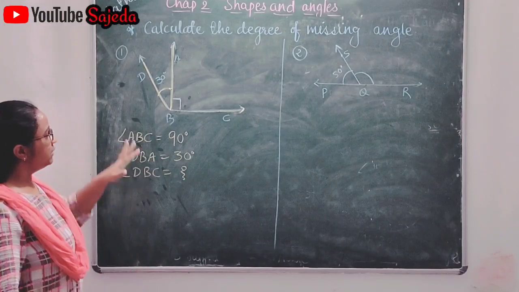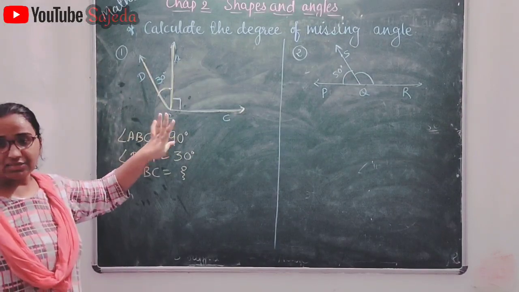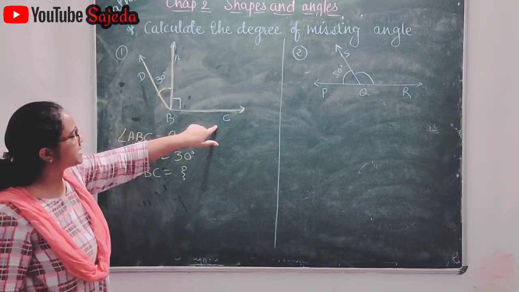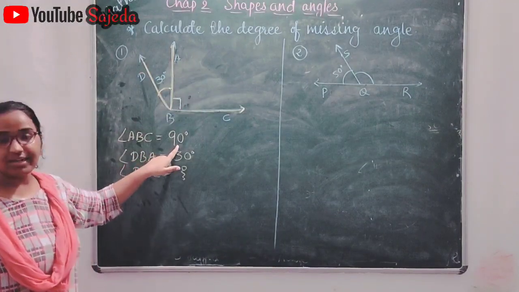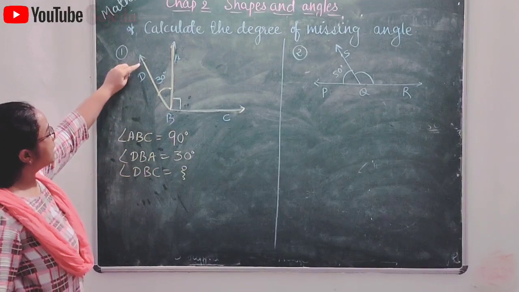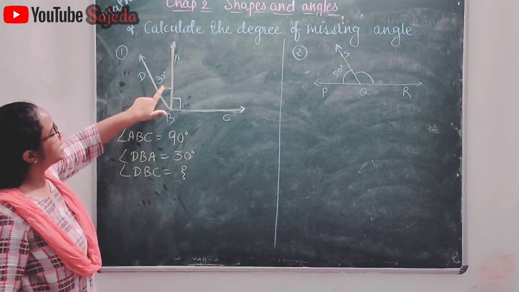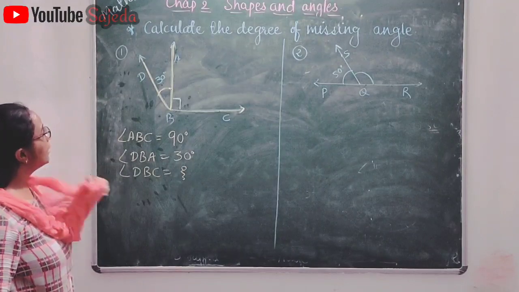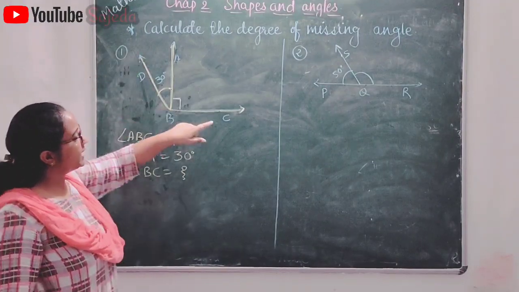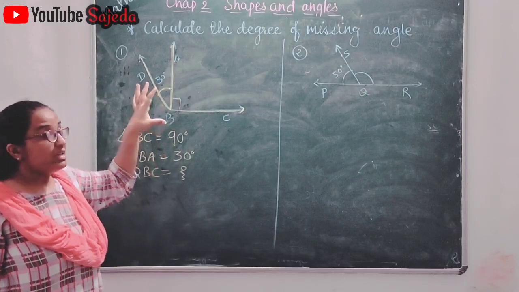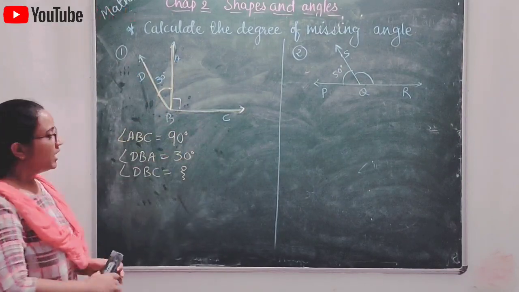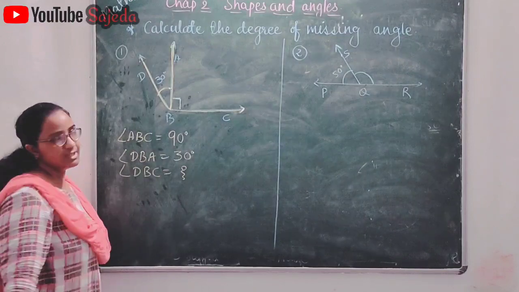So first of all you have to identify 3 angles from the figure. Here the 3 angles are angle ABC, which is a right angle, so I have written 90 degrees as its measurement. Another angle is DBA, given as 30 degrees. And the missing angle that we have to find out is angle DBC, the bigger angle that will be on the outside.